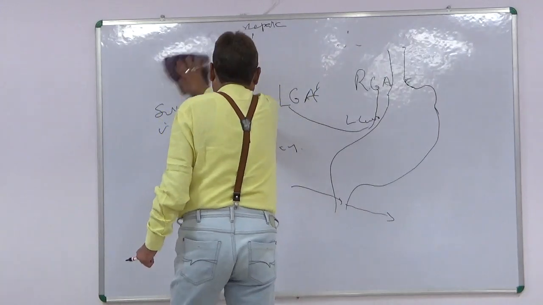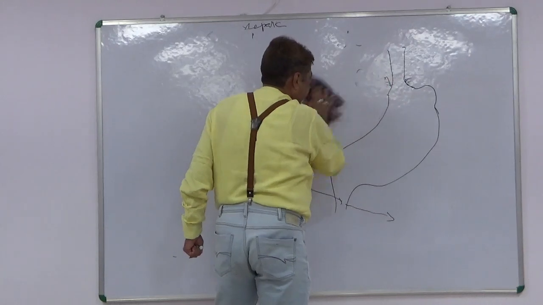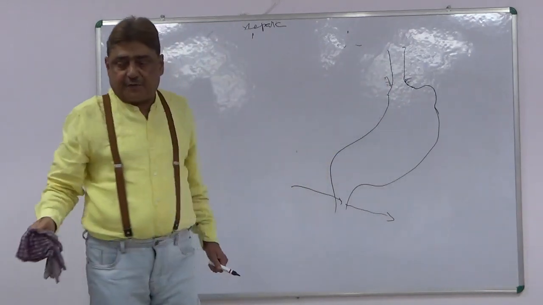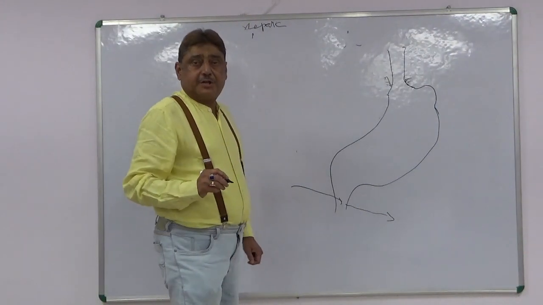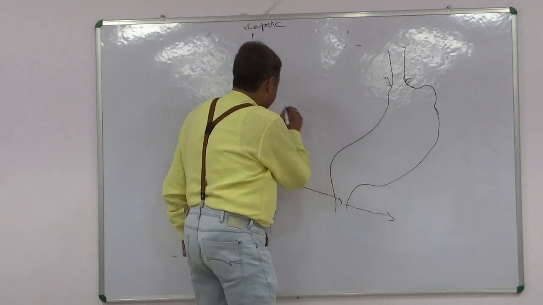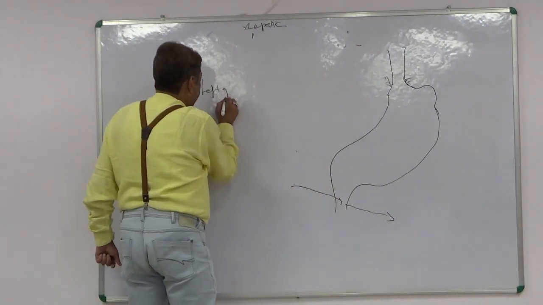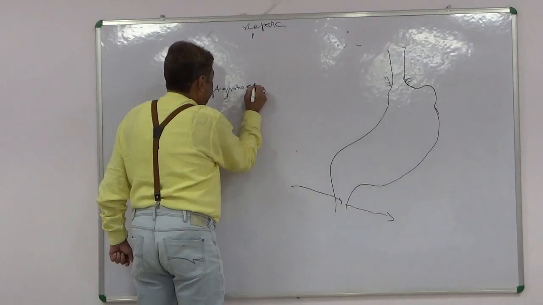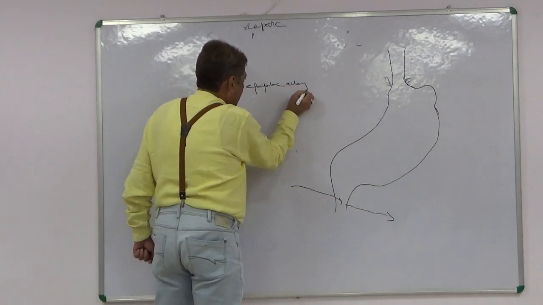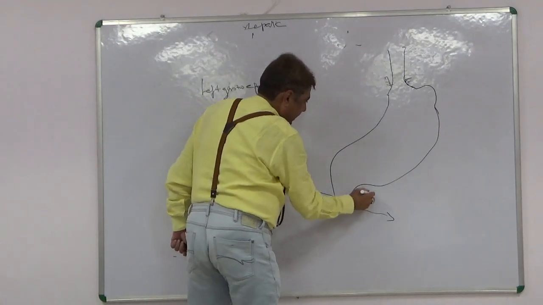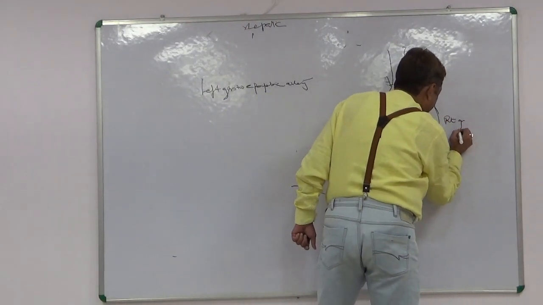The greater curvature of the stomach is supplied by a branch of the gastroduodenal artery, which is called the right gastroepiploic artery, which in turn anastomoses with the left gastroepiploic artery.